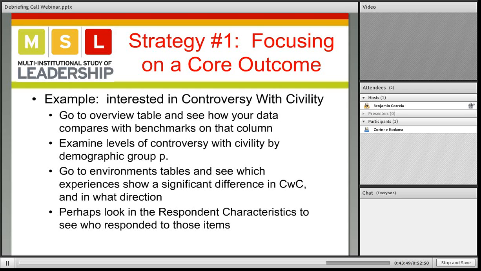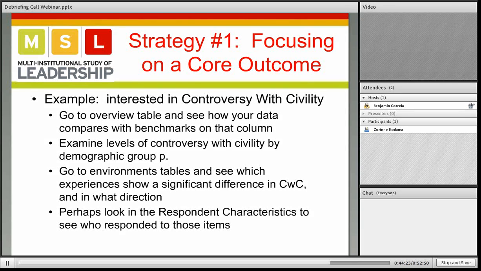For example, if you were interested in controversy with civility, first you would go to the overview table, way back on page 30, I think it's 32 or something like that, and see what your school scores are on that particular outcome and how it compares with the benchmarks. That would be the first thing you could do. Then you could go through the report and look at all the levels of controversy with civility by student characteristics and inputs, or by environments and college experiences.